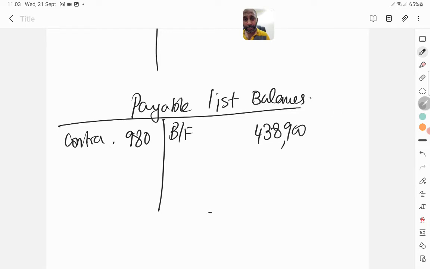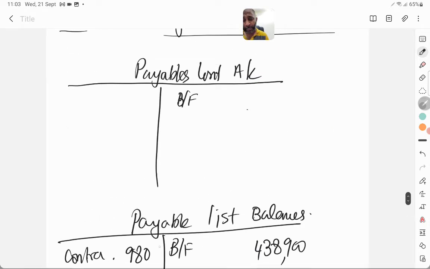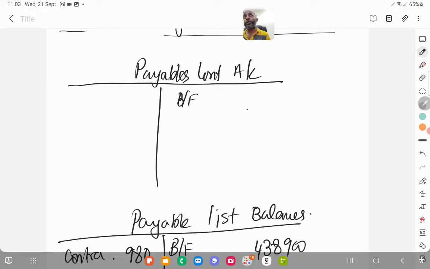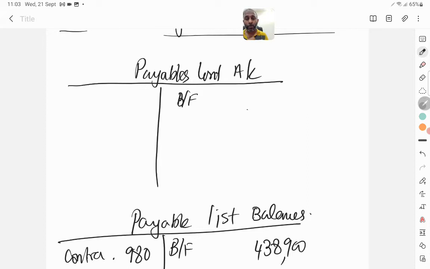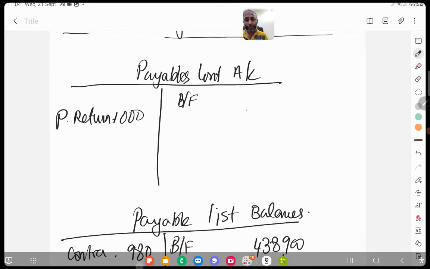They say it's an undercast. When we record the purchase return as a debit and it is undercast, that means that amount is less, so we have to increase by that amount. So 1000 purchase return.